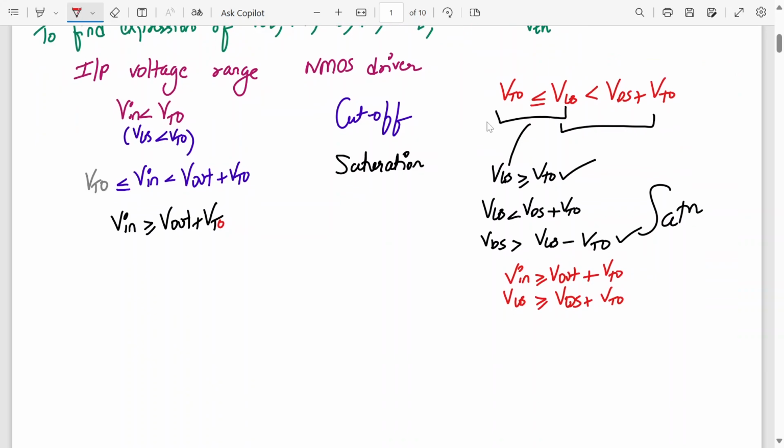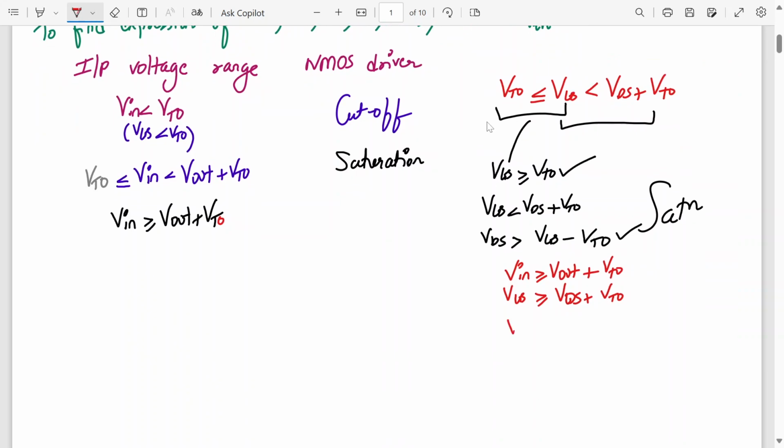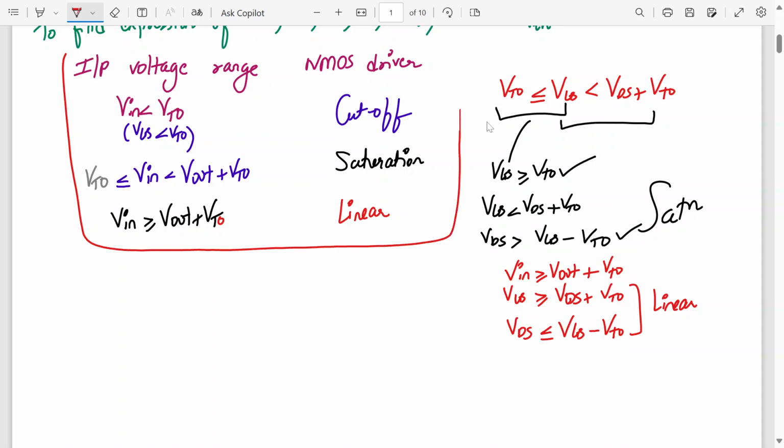So here we can say VDS is less than or equal to VGS minus VTO. So this condition is true for linear mode of operation. Alright, so we can say NMOS is working in the linear mode of operation. So that is how we complete this input range and NMOS driver operating region conditions.